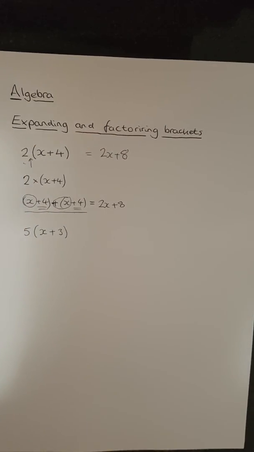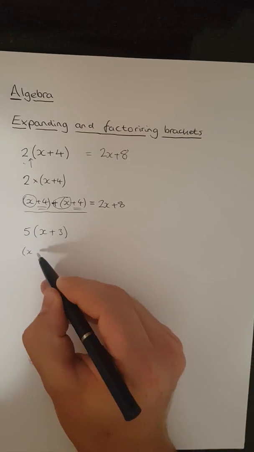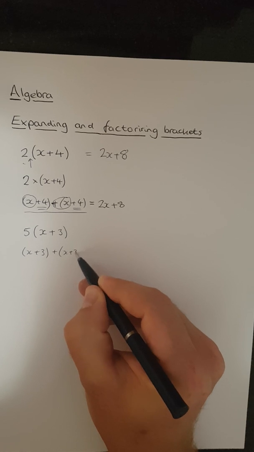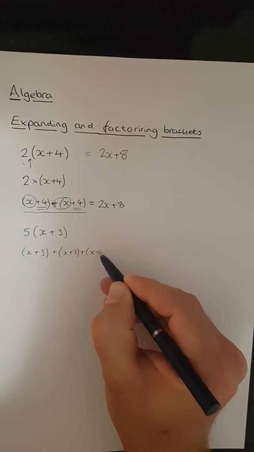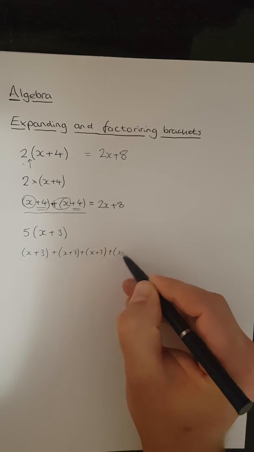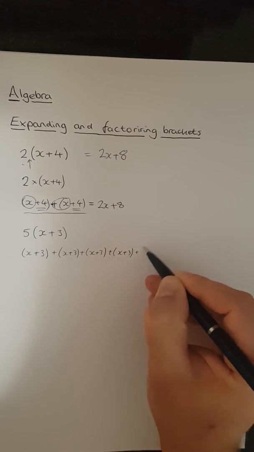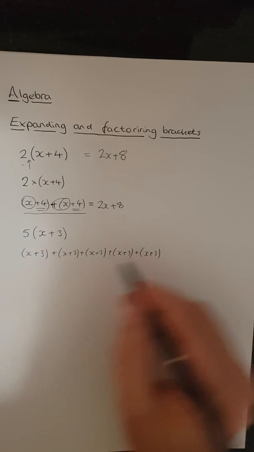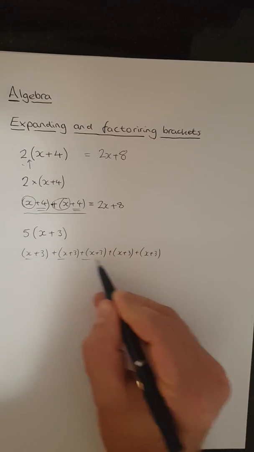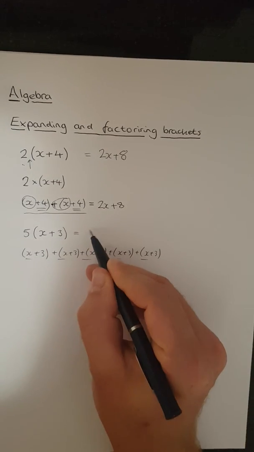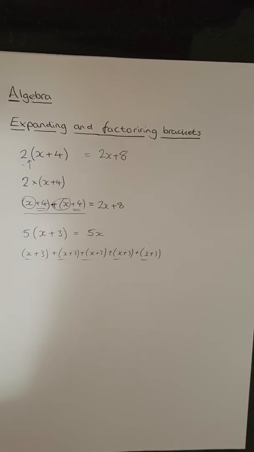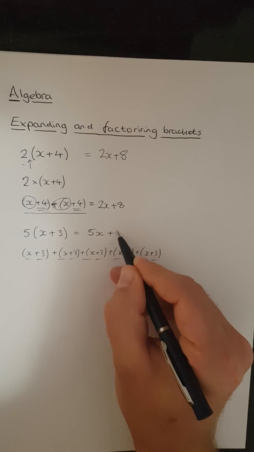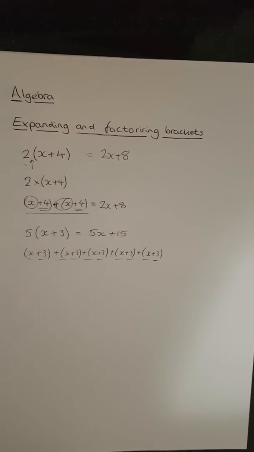Five lots of x plus 3. One lot, and another lot, and another, and 2 more. So in total, we've got 5 lots of x plus 3. X gives me 5 lots of x. 3 gives me 5 lots of 3.